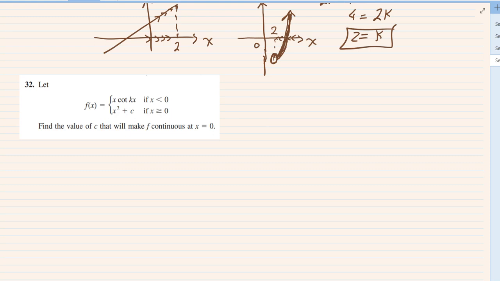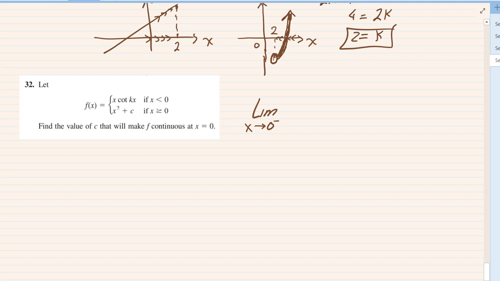That means I'm going to have to look at the limit as x approaches 0, since that's where the cutoff is. Now this cotangent function is defined for negative values, so x has to approach 0 from the left, because less than 0 means negative.